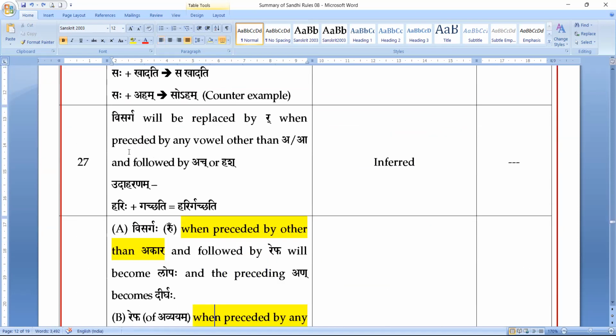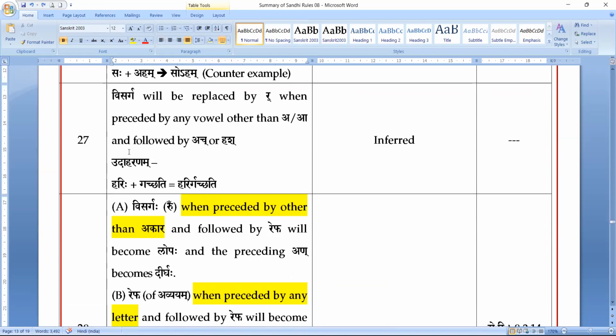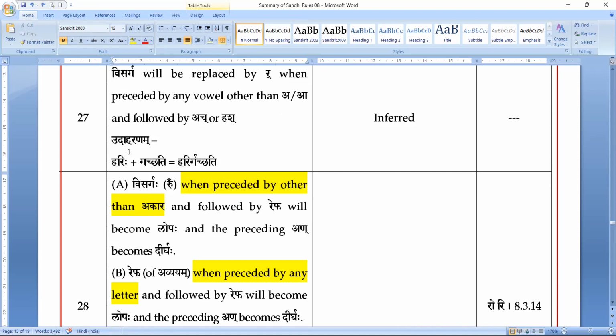Now the same thing is applied here. You see, Ru when preceded by any vowel other than akara. Let it be any vowel, it doesn't matter, and the akara condition is already fulfilled by the other sutra.